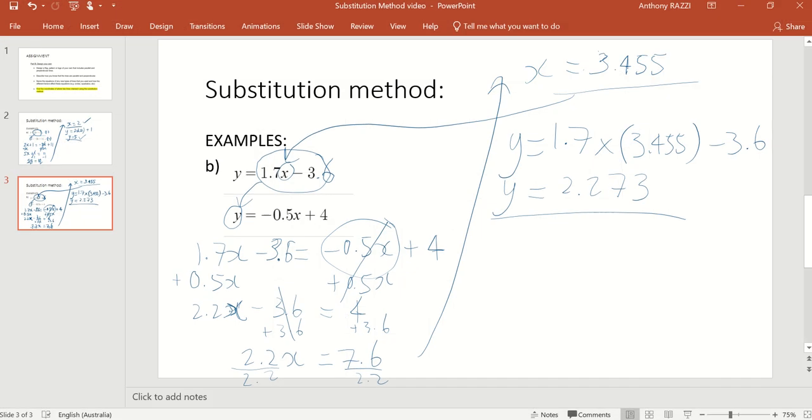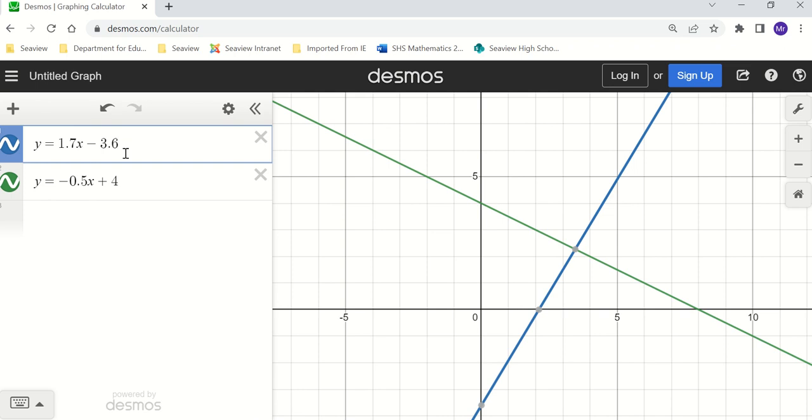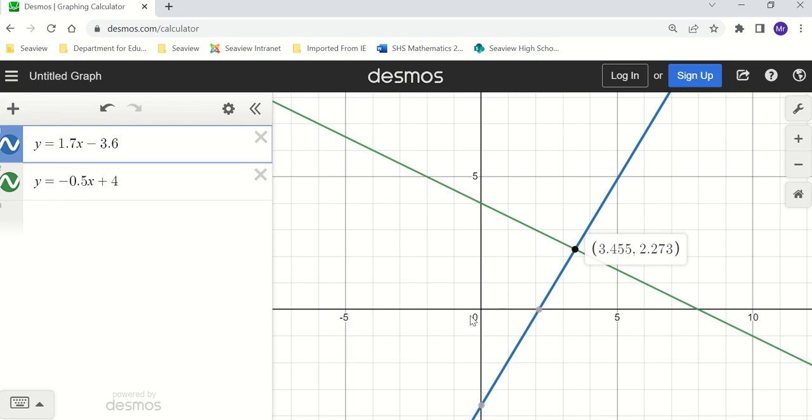Wait, did I type it in right? 1.7x take 3.6. So 3.455, which is what I got, and 2.273, which is what I got. And so I would like you to show the working and give me a screenshot showing where they intersect and the decimal, so just snipping tool that or print screen it.